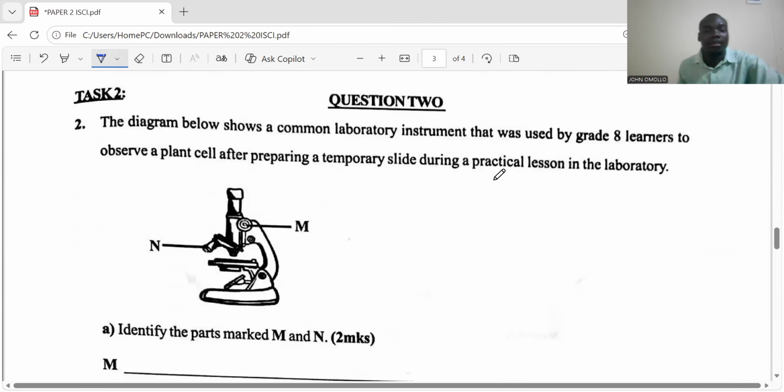Question 2, task 2. The diagram below shows a common laboratory instrument that was used by grade 8 learners to observe a plant cell after preparing temporary slides during a practical lesson in the laboratory. So this part labeled M is coarse adjustment knob.